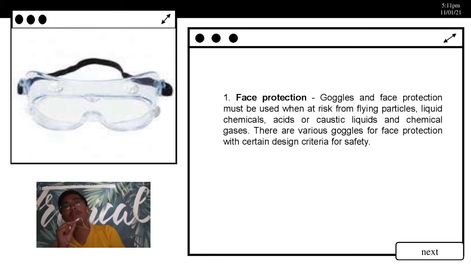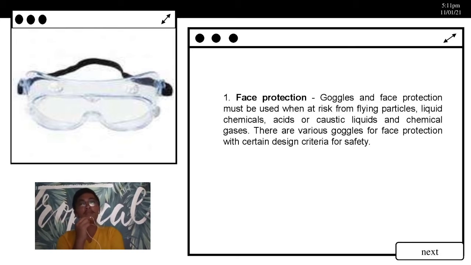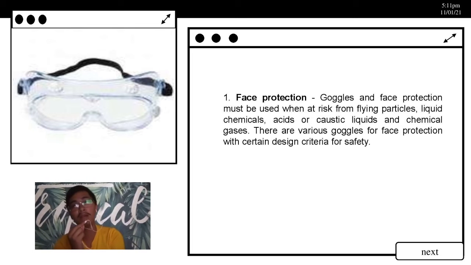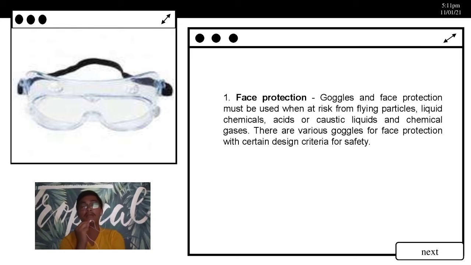You have to wear this in order to avoid damaging your eyes. These chemical splash goggles can actually act as impact goggles to prevent flying debris from reaching the eyes. So they can be impact goggles that protect your eyes if there are flying debris that would fall into you.